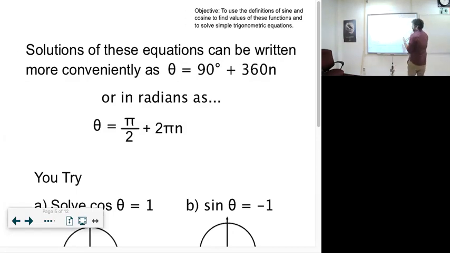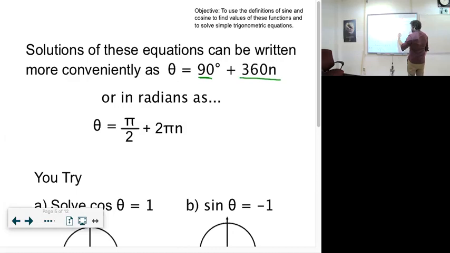Just to reiterate, if we're working in degrees, our first angle that we identified for theta was 90, and then every full rotation from 90 was 360 degrees. So I can express that as all possible angles, 90 degrees plus 360n.